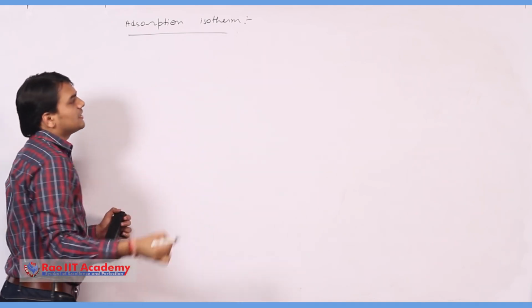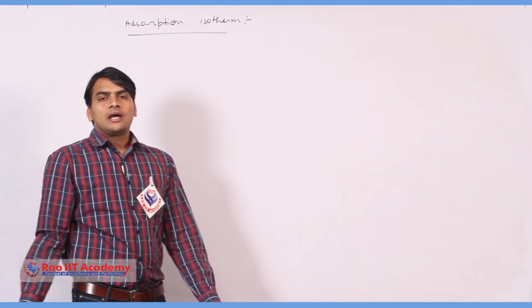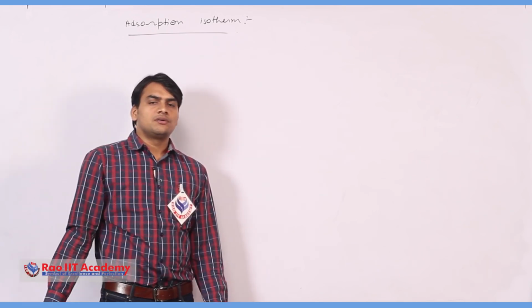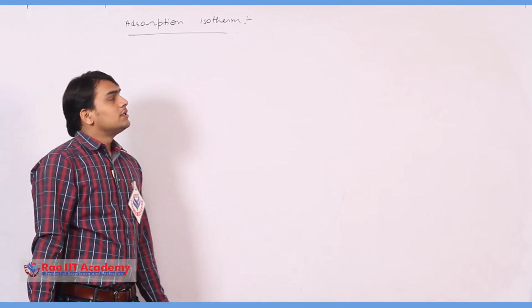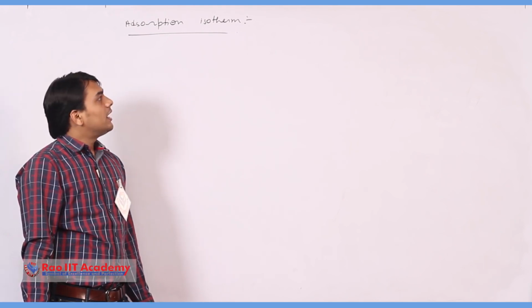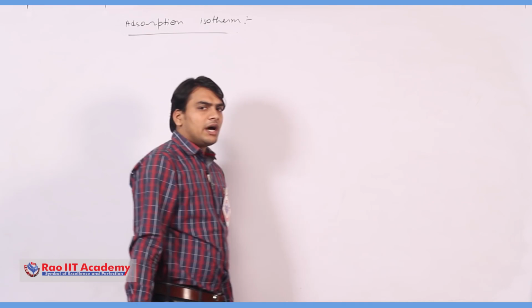So, adsorption isotherm actually gives the relation between the extent of a gas adsorbed on the surface of a solid and pressure at constant temperature. That is why it is called isotherm.